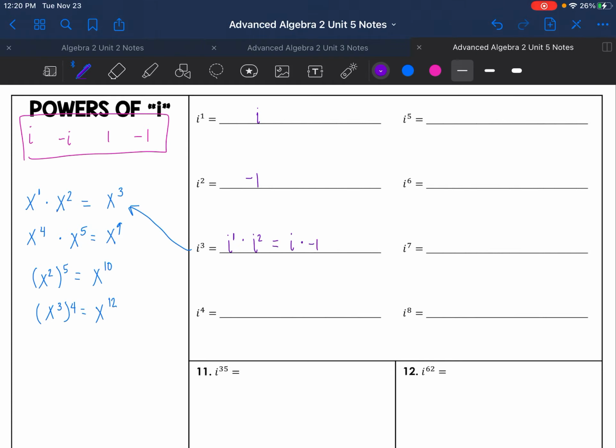And i squared is -1. What is i times -1? It's -i. So you've got to be able to think about your exponent rules to come up with some way to simplify these.